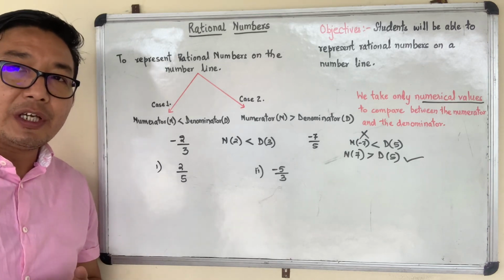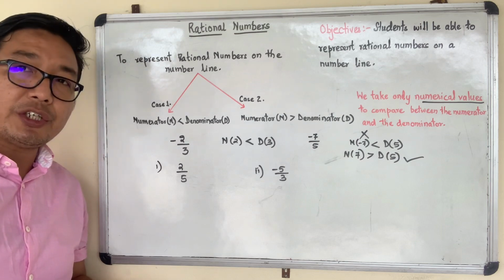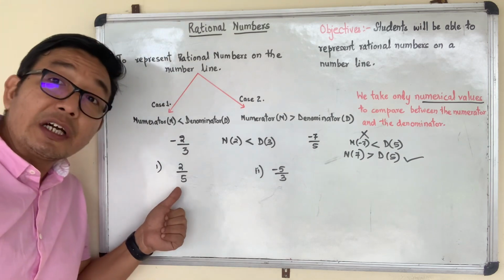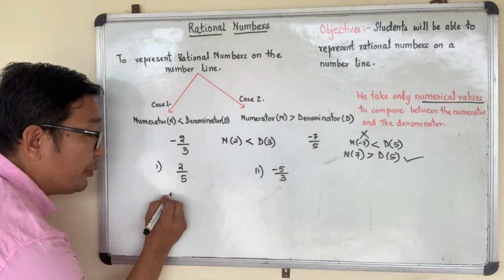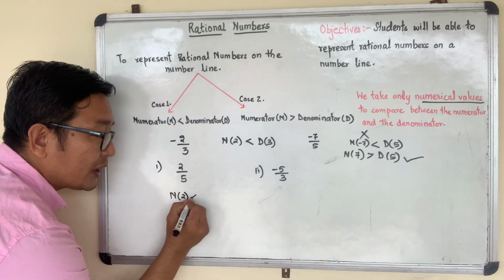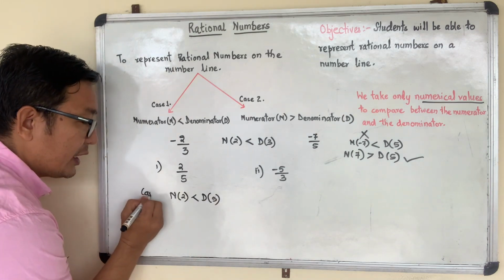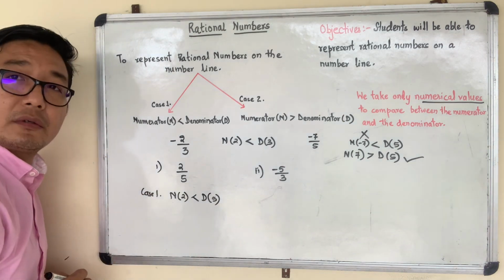Here 2 is less than the denominator 5. So therefore this is case number 1.